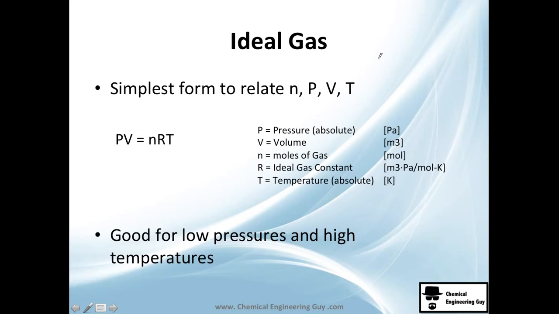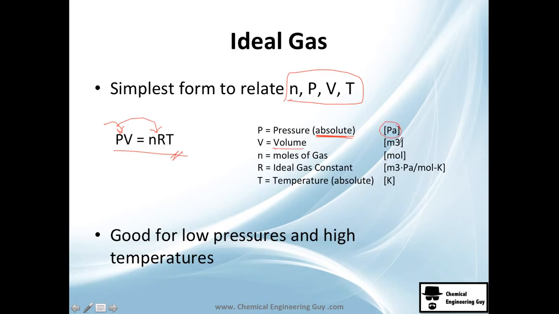So let's do the ideal gas. The simplest form to relate these four variables is this equation, PV = nRT. Hopefully you've seen it before in chemistry, because if not, be worried because you should have seen that before. P is for pressure, always absolute. I will talk about that later. We normally use pascals.